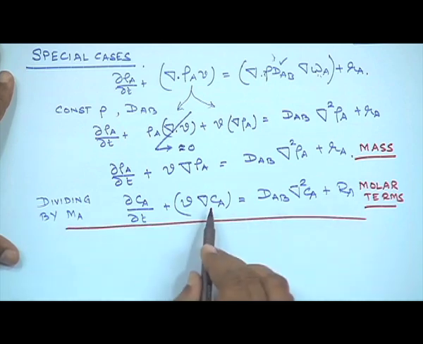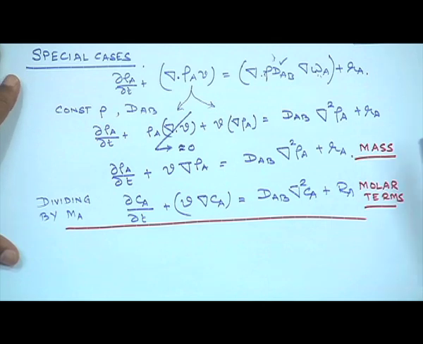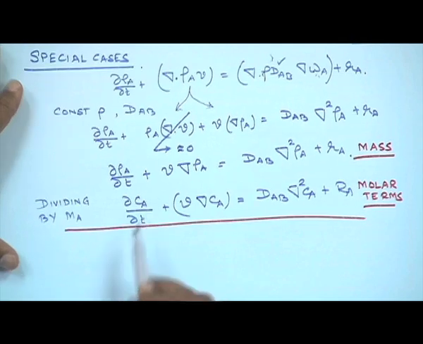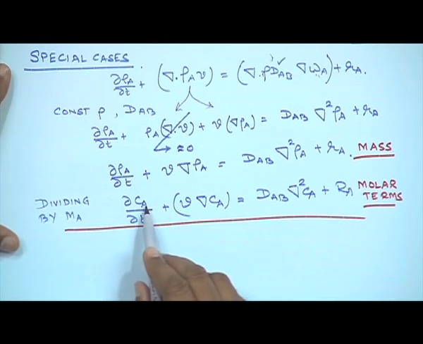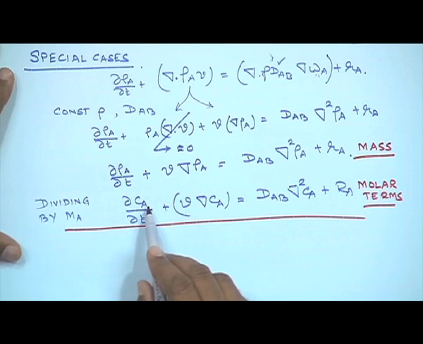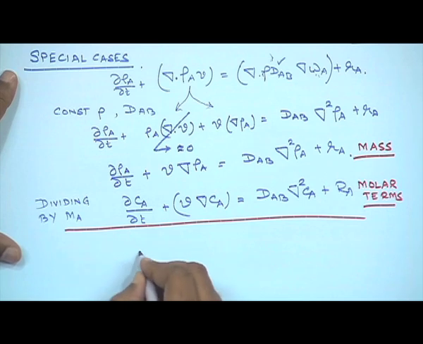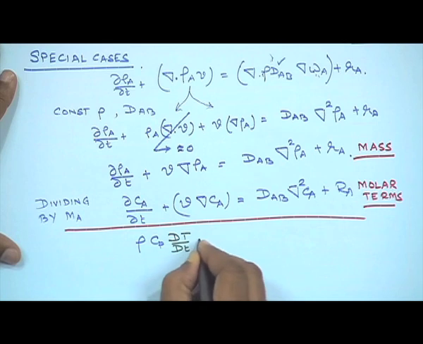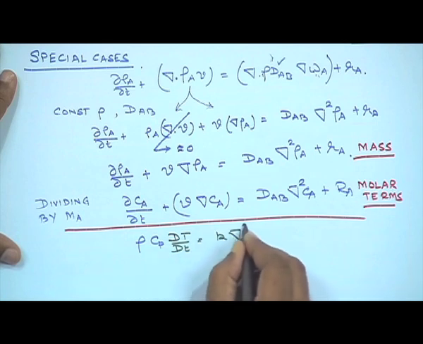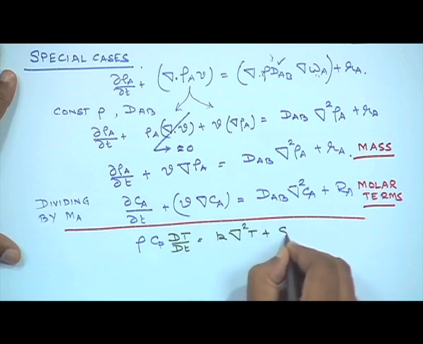If you look at this expression a bit more carefully, this is nothing but the substantial derivative of concentration of A. I would like to compare this with the equation which we have obtained, and I hope you remember this: dT by dt, the temperature by time, equals K del square T plus some sort of a generation term.